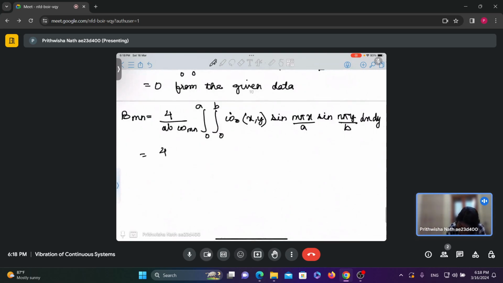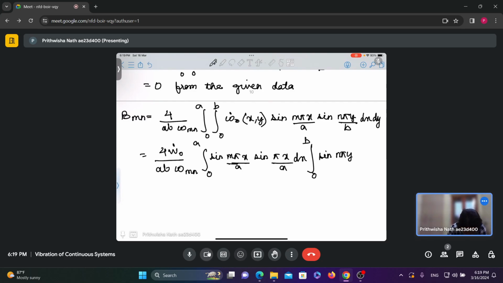This can be written as integral 0 to a of sine of m pi x by a into sine of pi x by a dx, and for y terms it is sine n pi y by b into sine of 2 pi y by b dy.